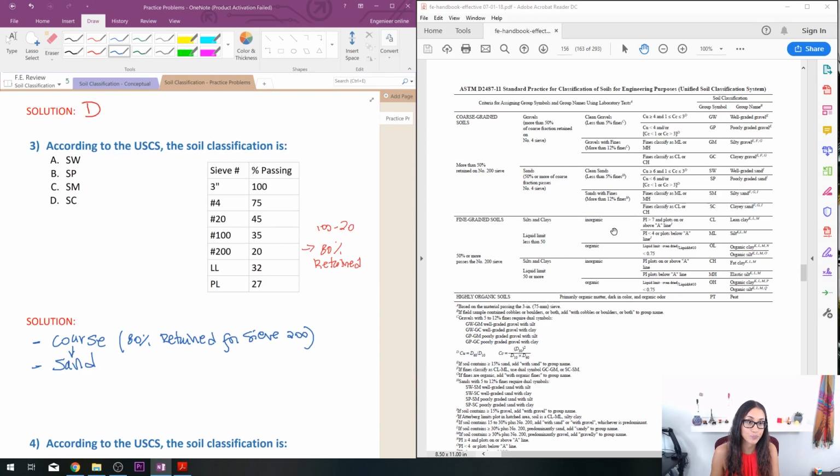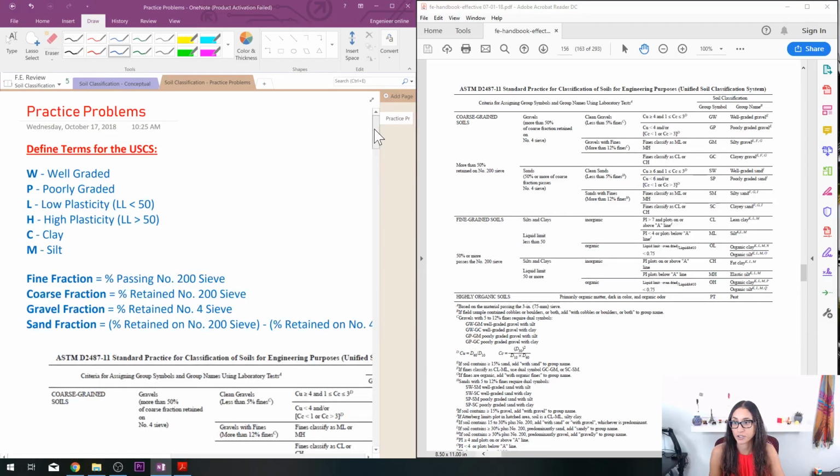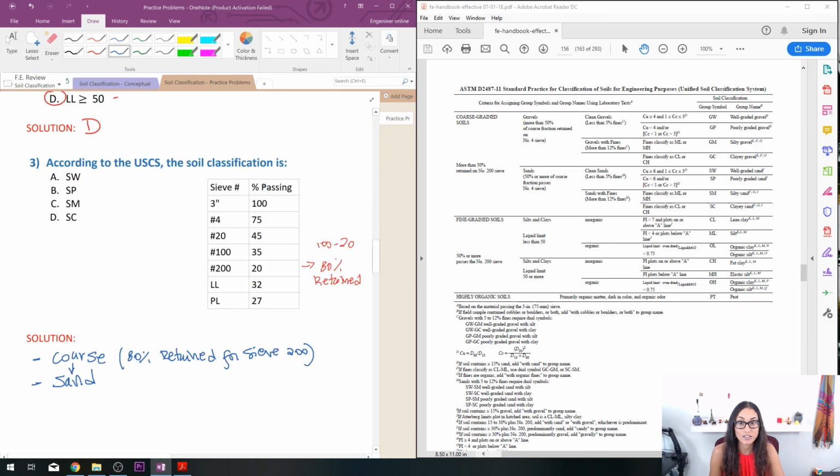So I have coarse, and then we said it's classified as sand. Now after that, we need to define whether it is clean sand or sand with fines. We talked about that earlier. We said that the fine fraction is the percentage passing sieve 200, correct? That means my percentage passing for number 200 is 20, which is also my fine fraction, which equals 20%.